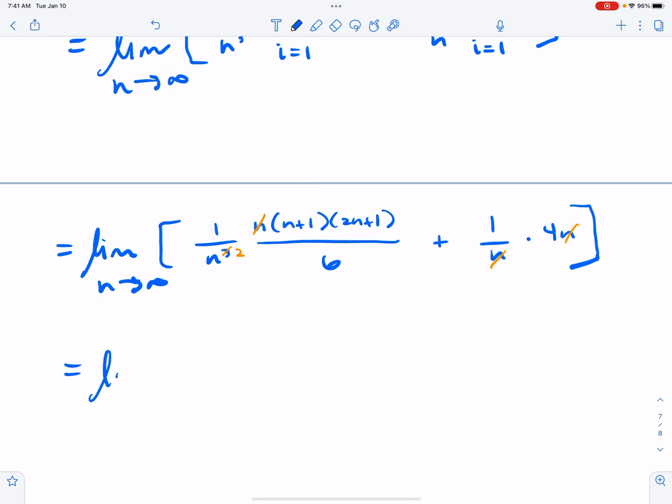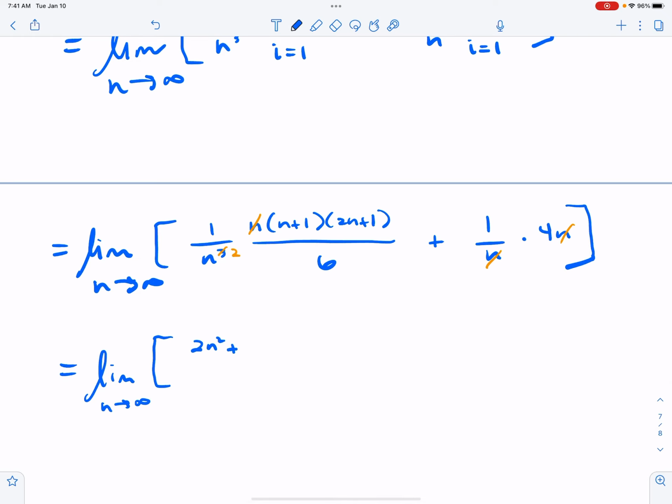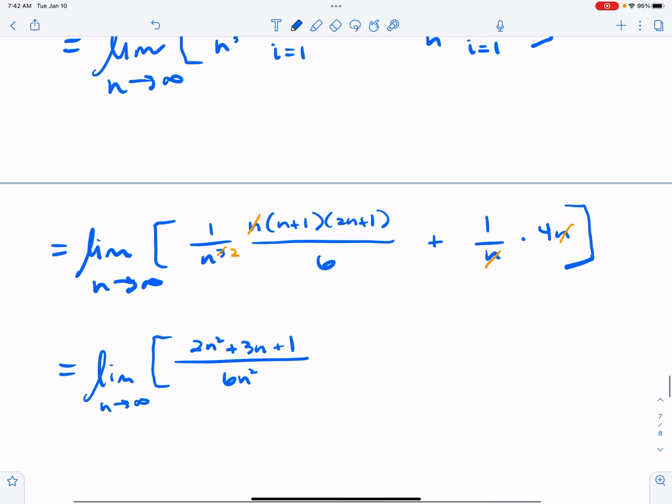So we're taking the limit as n approaches infinity of, n plus, I'm going to multiply that numerator out actually, so 2n squared plus 3n plus 1 over 6n squared, plus 4.